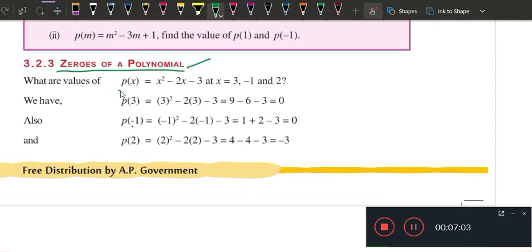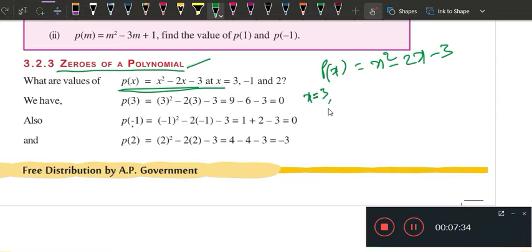Suppose p of x equal to x square minus 2x minus 3. This is a polynomial, an example for a polynomial. If you substitute x equal to 3, listen carefully children, then it becomes p of 3.